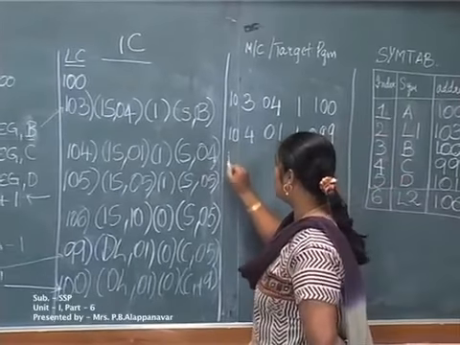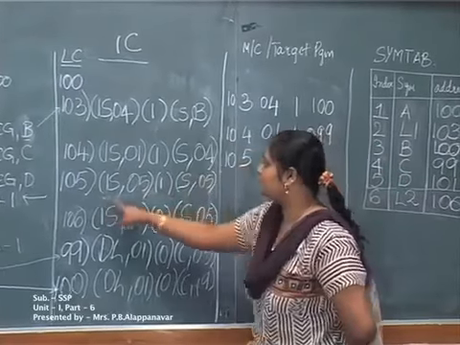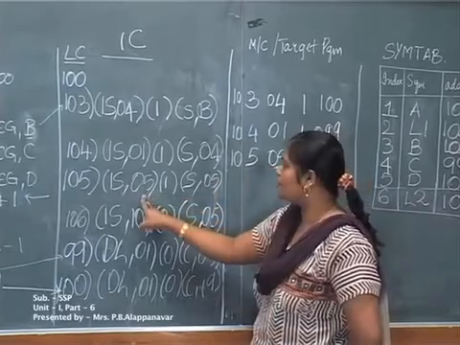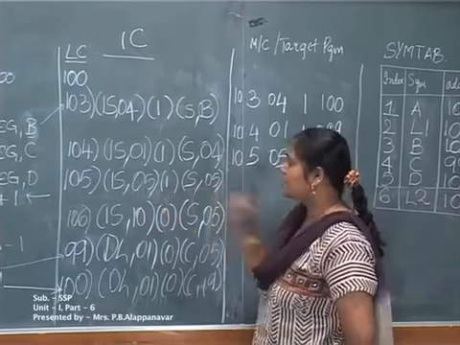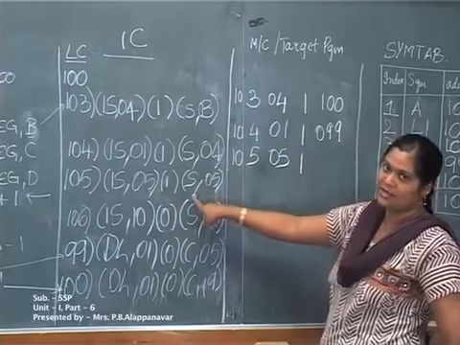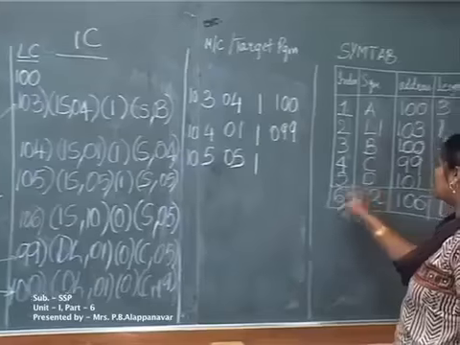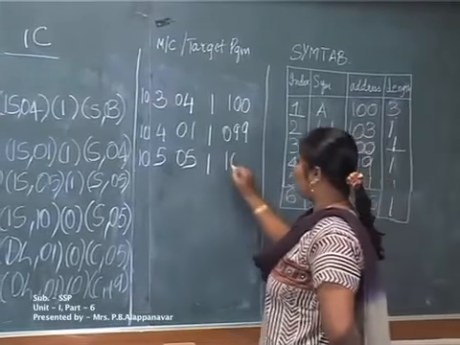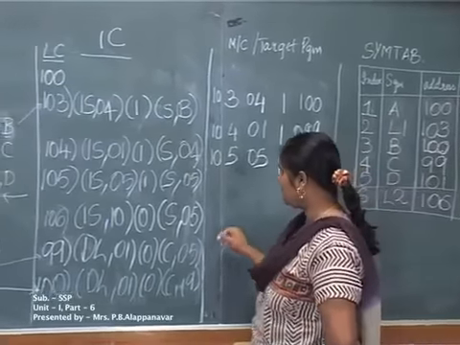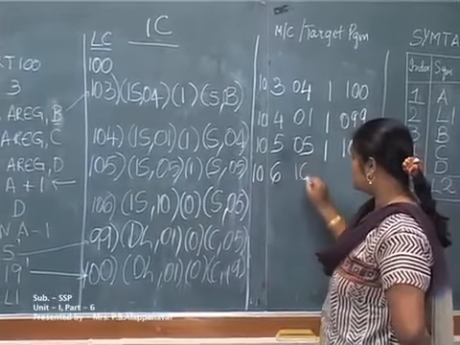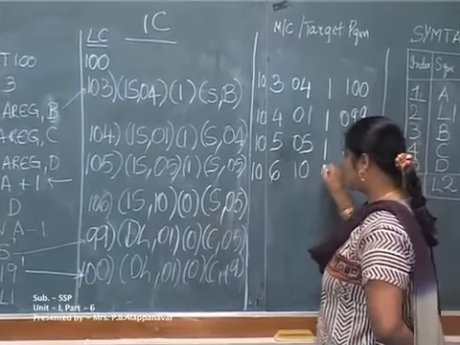Then you have 105, this statement. It has an instruction opcode of 5. The first operand is 1. Refer to the symbol table, get the address associated with the symbol at location 5, that is D in our case, and it is 101. Then you have 106. The instruction opcode is 10. There is no first operand.